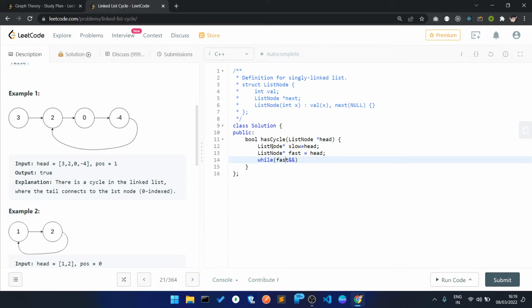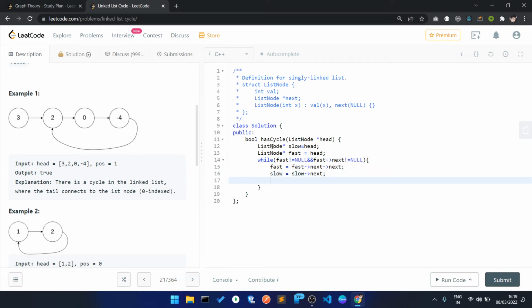Let me write this code: while my fast is not equal to null and my fast.next is not equal to null, I have to do some computation. I have to move my fast pointer, which takes two steps at a time, so I advance it by two steps and my slow pointer advances by only one step.